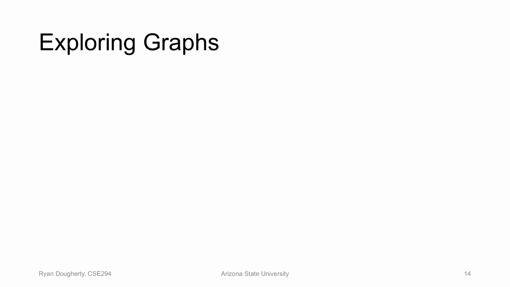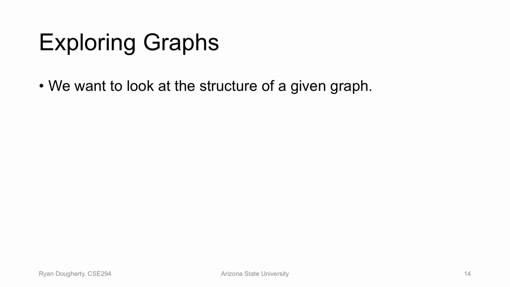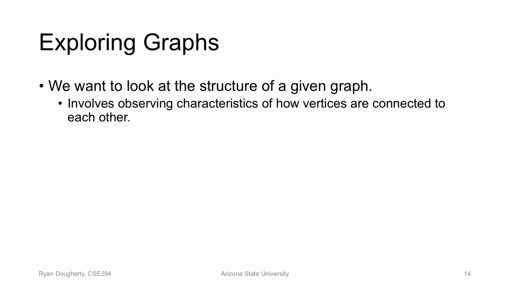The idea here is we want to explore a graph in some way. We want to look at the structure of a graph. This graph could be really large, could be really complicated, and I want to answer some questions about it. The main thing we want to know is how vertices are connected to each other. Obviously, if a graph is connected, then every vertex is connected to every other one via some path.